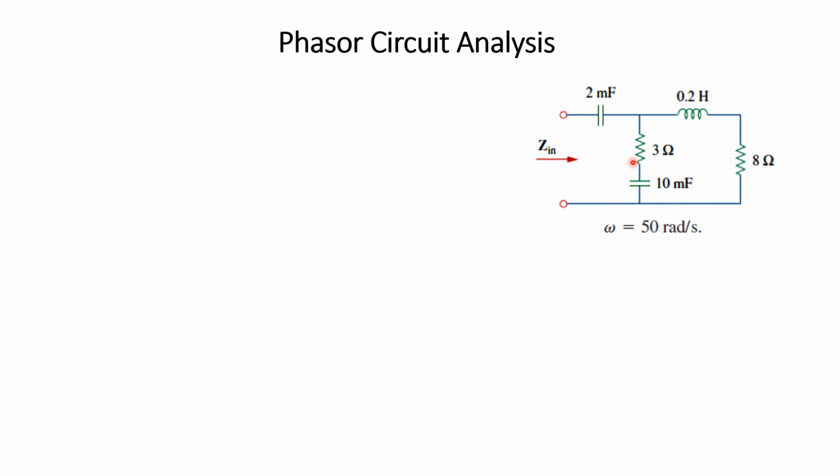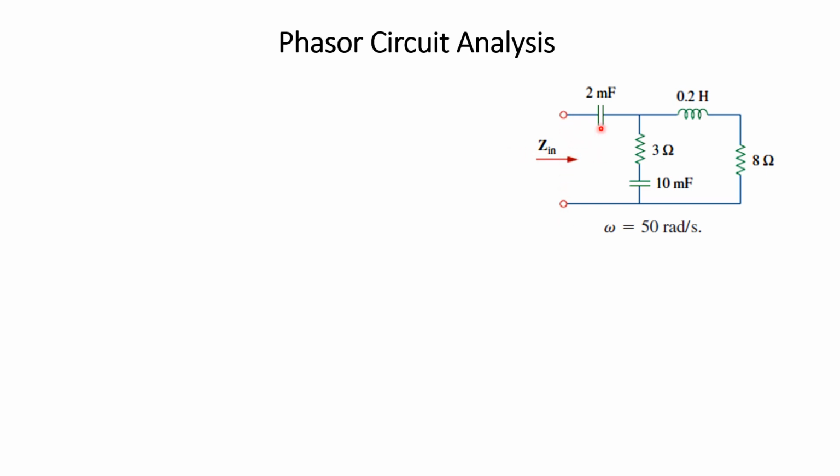We have seen it in chapter 4. When we have capacitors and inductors along with resistors, we find the equivalent impedance. Impedance depends on the frequency, and we find Zeq, the equivalent impedance seen from the source.